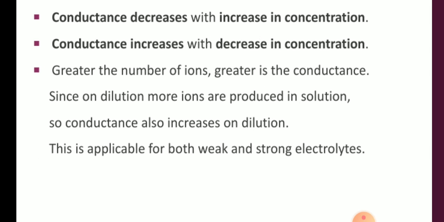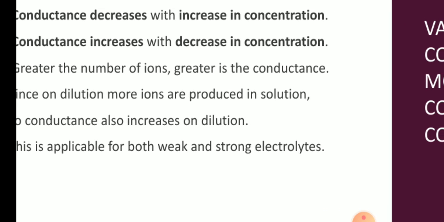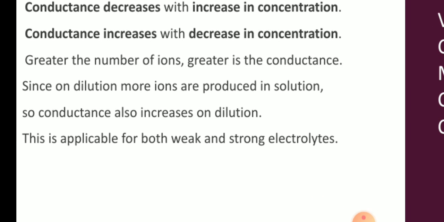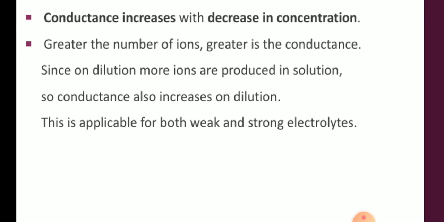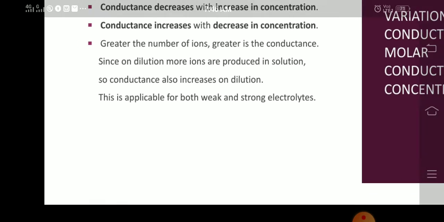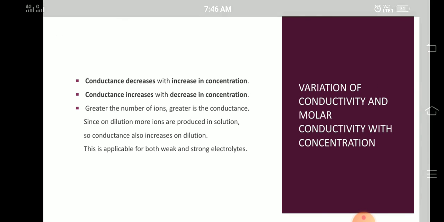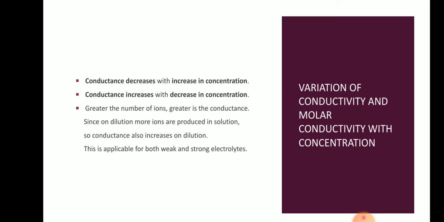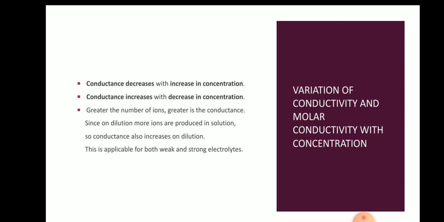This is the mystery behind the electrolyte. When you dilute the solution, more ions will be produced, so conductance also increases on dilution. This is applicable for both weak and strong electrolytes.